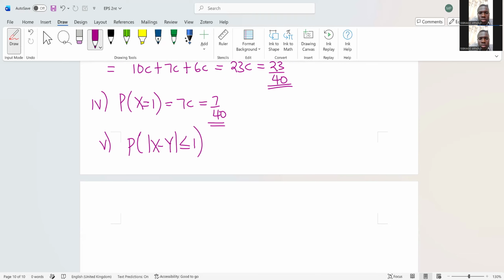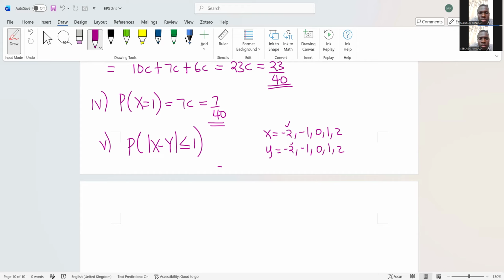So recall that my x is -2, -1. X is taking on those values. Y similarly is taking on the same values. So here we are interested in the case where the absolute difference is less or equal to 1. What is the absolute difference? For example, take an x value -2 and a y value -2.